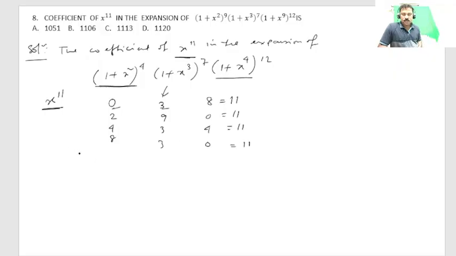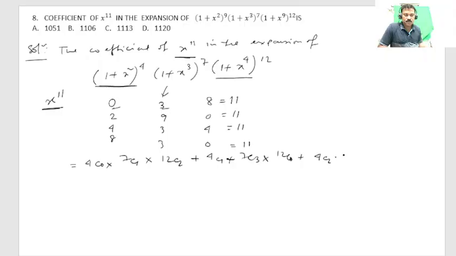Okay, so we get the coefficient as 4c0 into 7c1 into 12c2 here. Again 4c1 plus 7c3 into 12c0 plus 4c2 into 7c1 into 12c1.